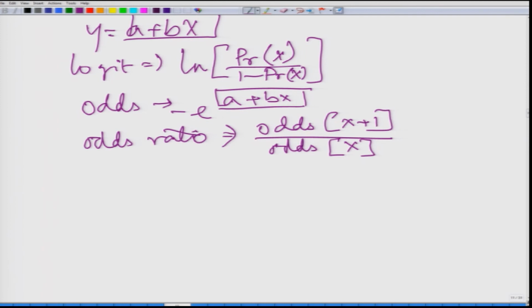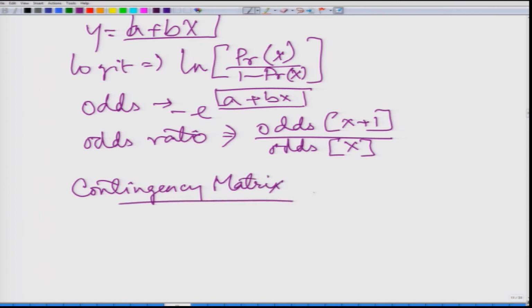We can also estimate it in terms of a contingency matrix. I'm just giving you a broad overview. Contingency matrices are well studied in epidemiology, whereas this odds ratio formula is well studied in discrete choice models in econometrics.